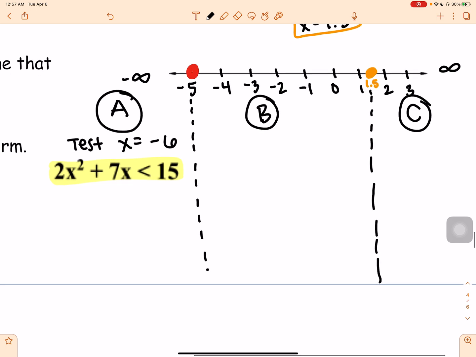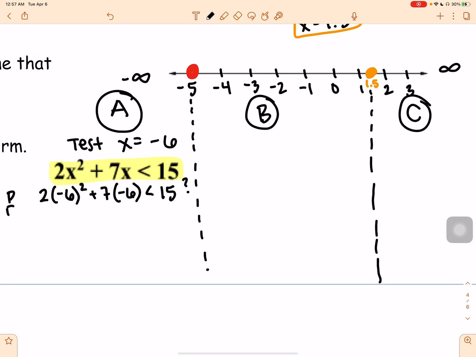All right, so here what we do is plug in the negative 6 for each of the x values in the inequality. And we're going to see, is it less than 15? That's what we're trying to figure out. First things first is the exponent.